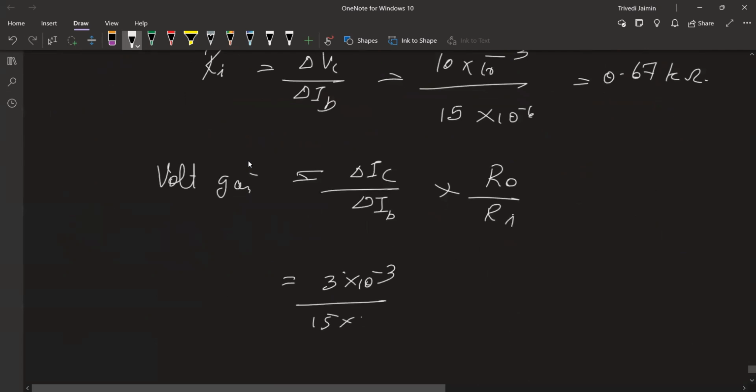This is 15 into 10 to power minus 6 into 1000, divided by 0.67 K. That means 670.